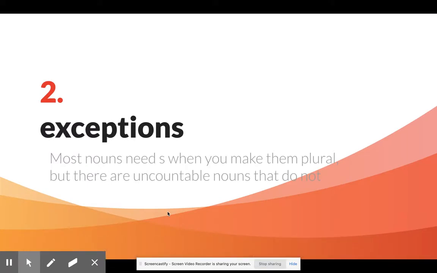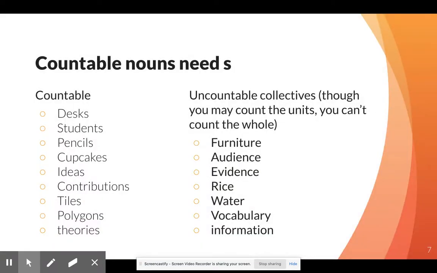Like a lot of concepts in English grammar, there are exceptions to the rules, and this is what makes this concept quite tricky. Most nouns need S when you make them plural, but there are uncountable nouns that never need an S, and they're important to remember. Countable nouns need S. If you can count the actual nouns, not the units of a group, but the nouns.